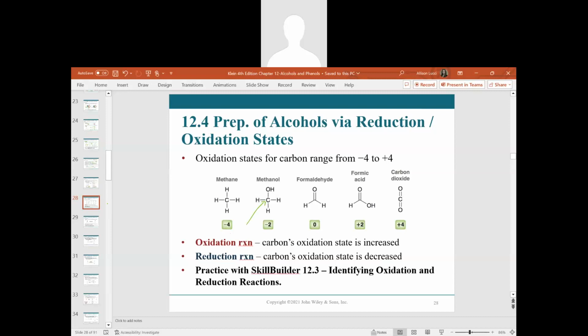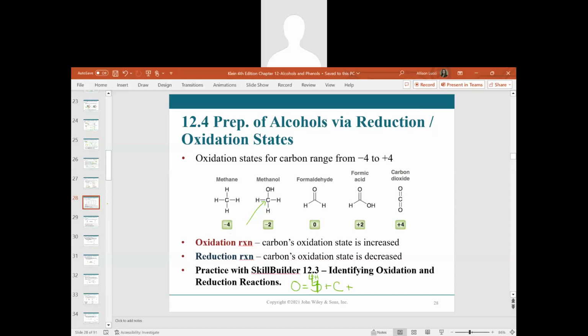So how do we come to this conclusion? We take a look at our compound as a whole, and we can solve for carbon's oxidation state. We can say that it has a net charge of 0. We have 4 hydrogens, each with a +1 charge, plus our carbon, which is an unknown oxidation state.